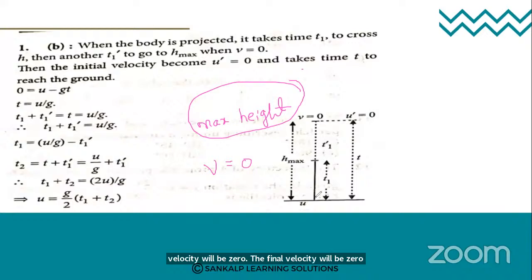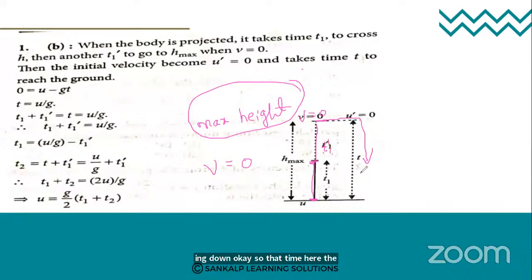Here you can see in the figure the time t1. Next, the time to reach the maximum height is taken as t1 dash, and the final velocity there is 0. After reaching maximum height, the object comes down, and at that time the initial velocity becomes 0.